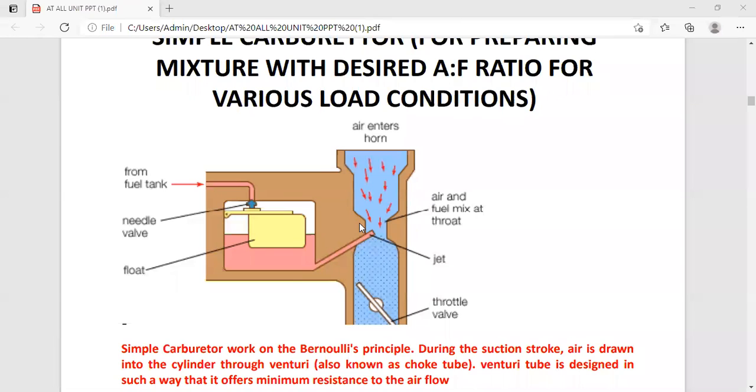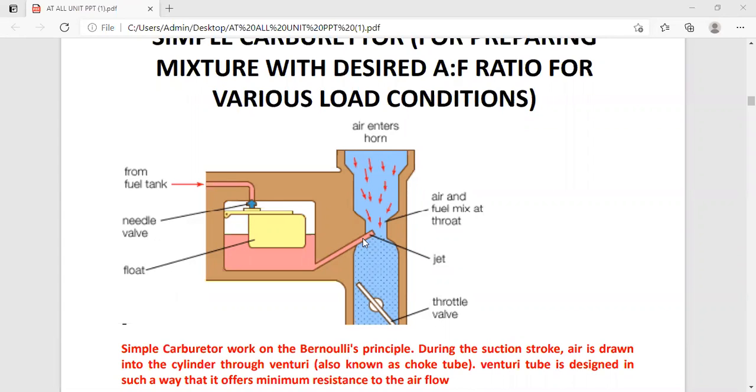Keep in mind that the level of the fuel in the float chamber and the fuel in the jet tube should be at the same level, because it is very important.